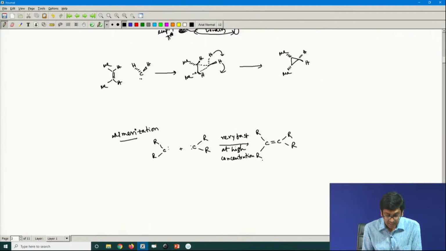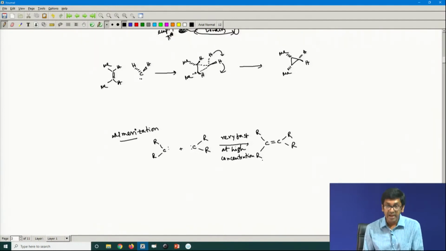Now, generally these carbenes, when generated in the reaction medium, need some target compound immediately, because it is a short-lived species, and it reacts very fast with the target compound. And that is why when these carbenes are generated, they are generated in situ, and their target molecules with whom they will react are also there.